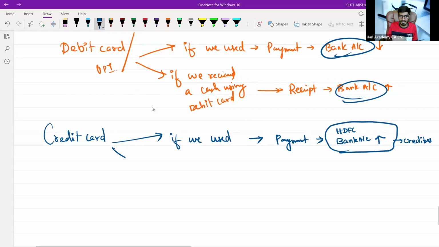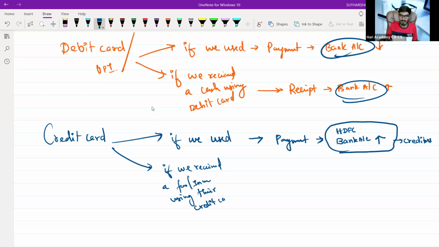Okay. In the same way, if we receive a fee or an income using their credit card, it is a receipt, and our own bank account will be increased. I will tell you an alternative thing.